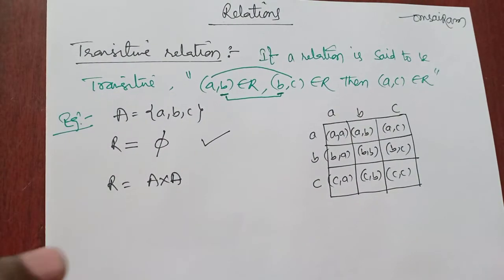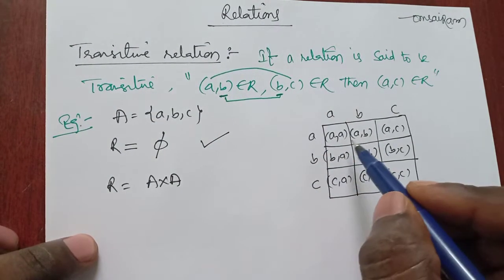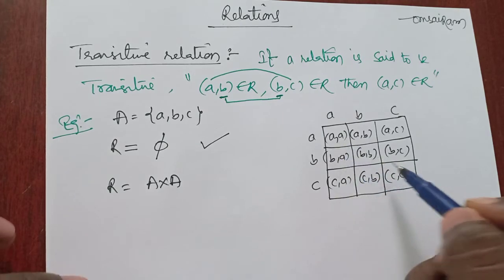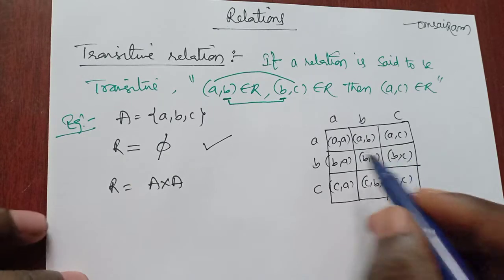Clearly. So here there is no problem with the diagonal elements. Why? Because if you interchange them, we get the same values.